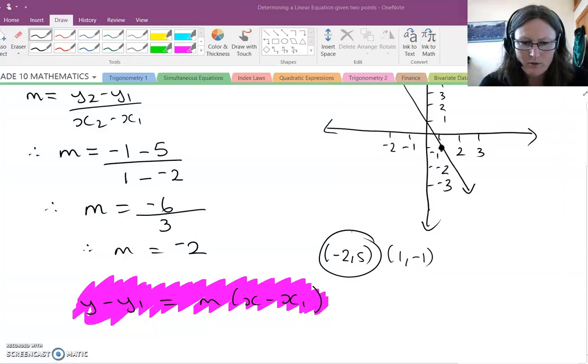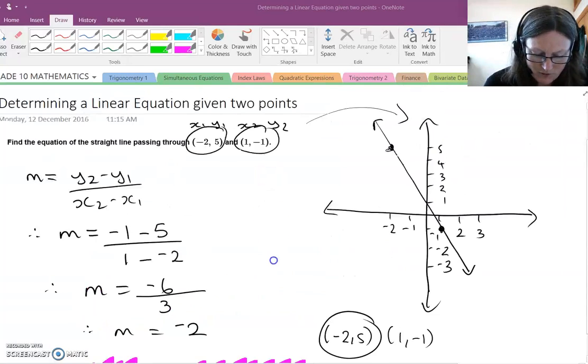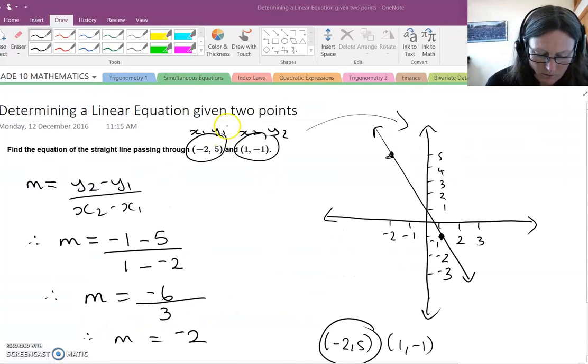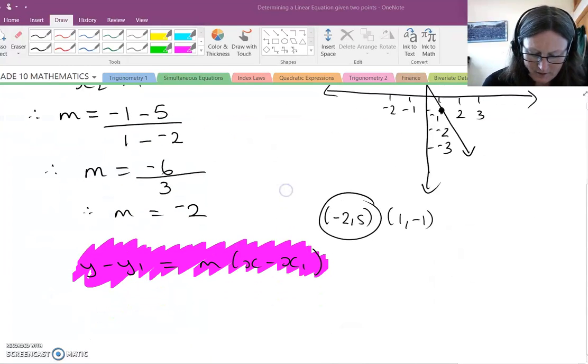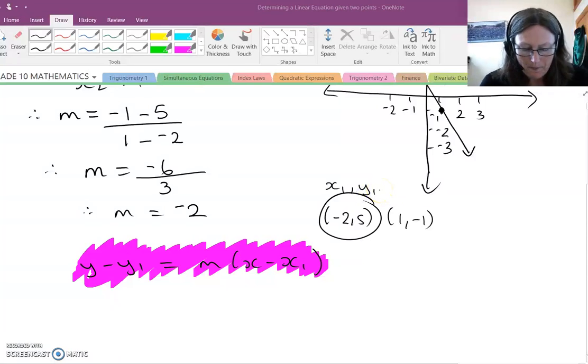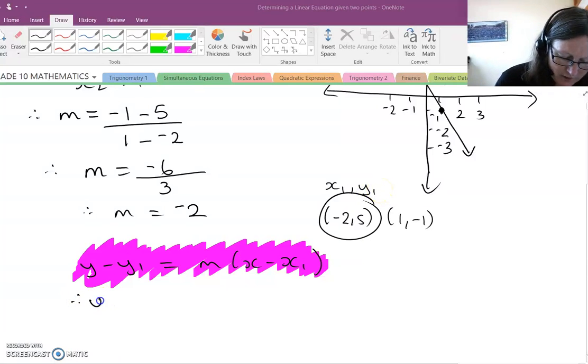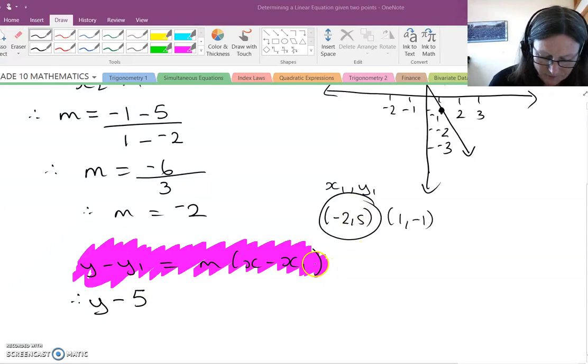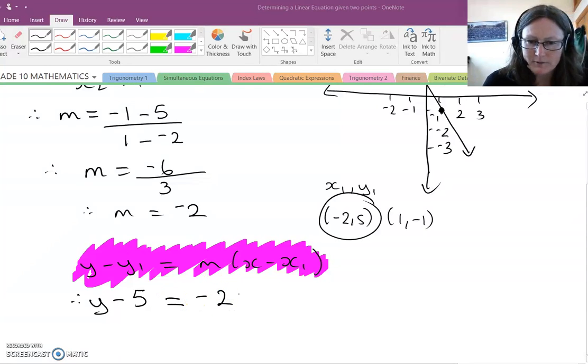It does not matter what you choose, but I've chosen that one because we actually called them x1 and y1 above. So it doesn't matter which point you choose. Then what you do, you write down y, subtract, and then you put the value for y1, which is 5. Instead of m, we put the value we worked out for the gradient.